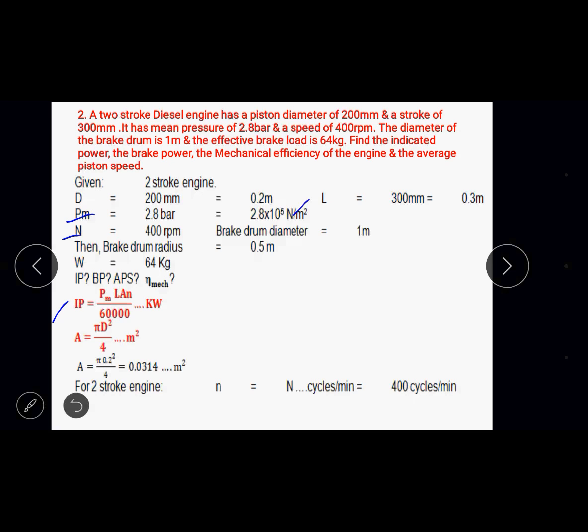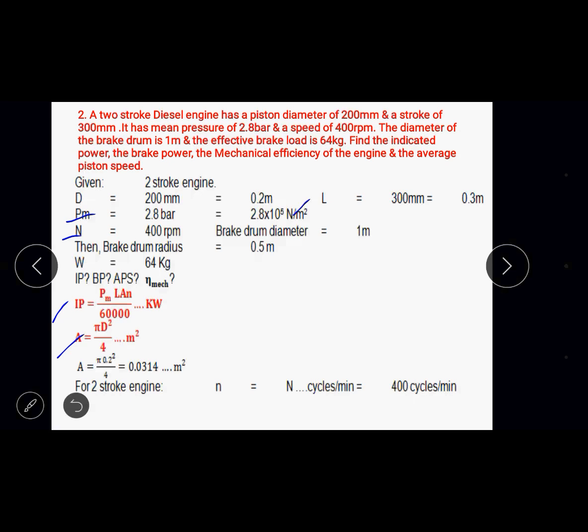Diameter of the piston is given, we can find the area using the formula pi d square by 4. With diameter 0.2 meter, you will get the area as 0.0314 meter square. Coming to small n, since it's a 2-stroke engine, small n is equivalent to capital N. Capital N is 400 RPM, so small n is 400 cycles per minute.